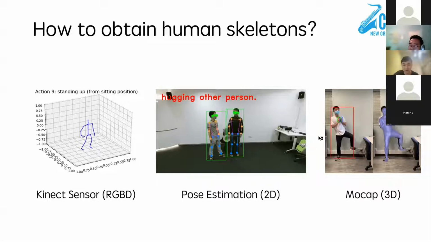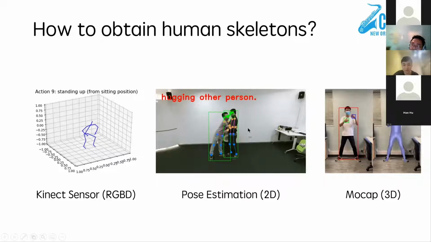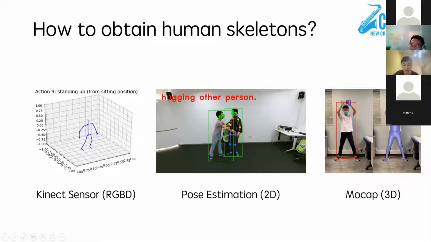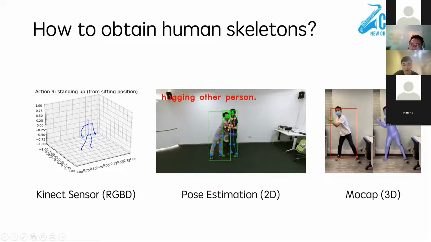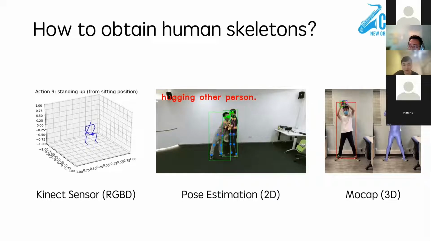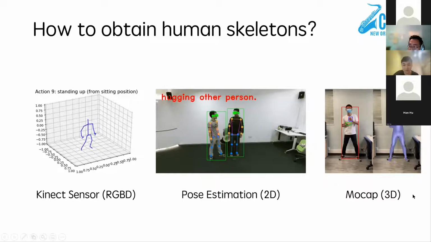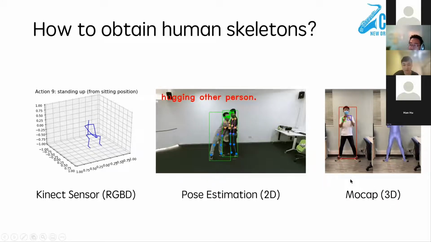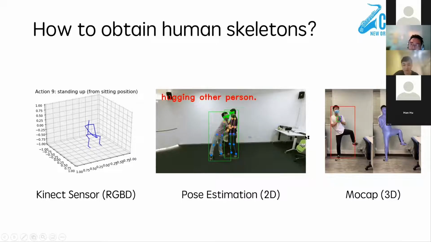There exist lots of open source pose estimators, such as OpenPose and HRNet, and the user can select one according to the efficiency-accuracy trade-off. Besides, the estimated 2D poses usually have better quality. The third solution is motion capture. One can use mocap devices or vision-based mocap to obtain 3D keypoint coordinates and use them for action recognition.